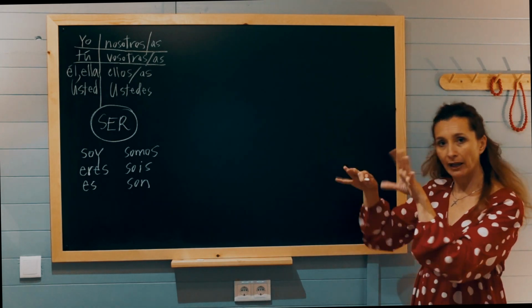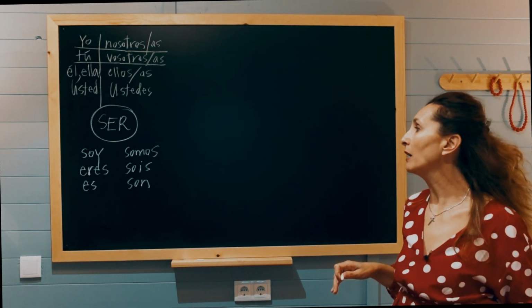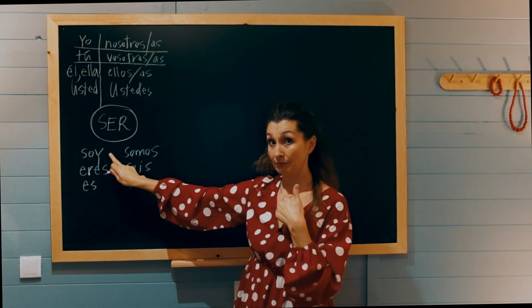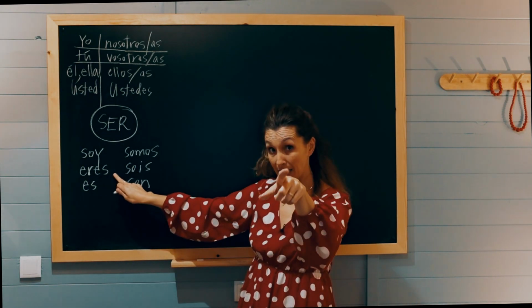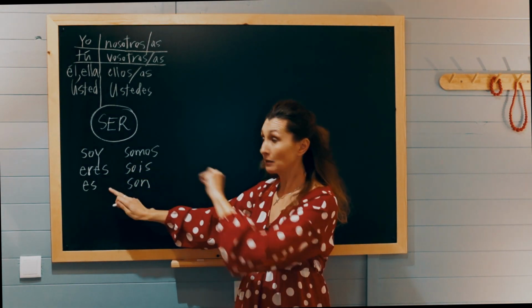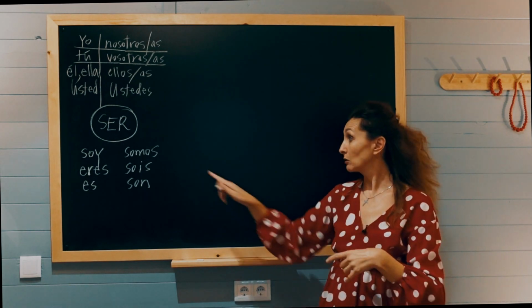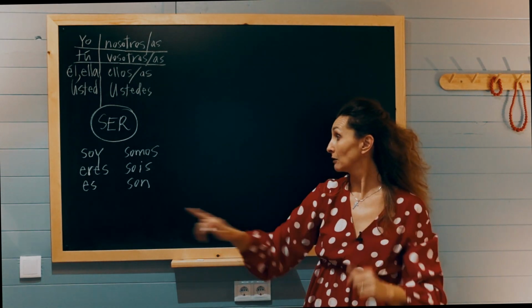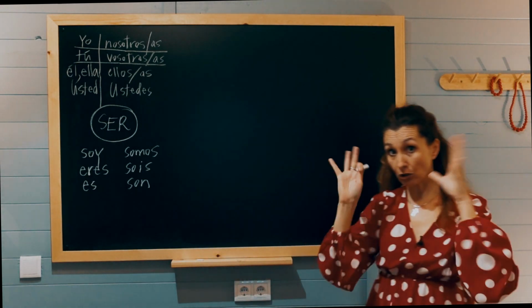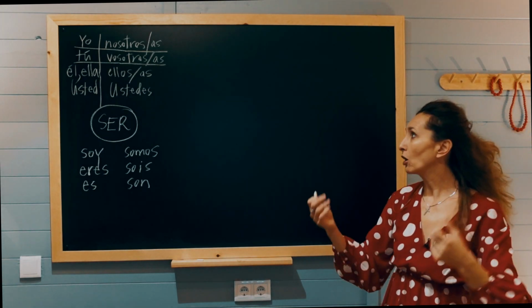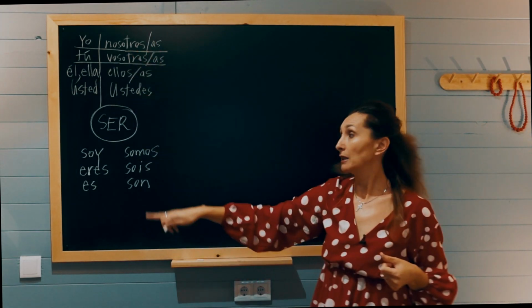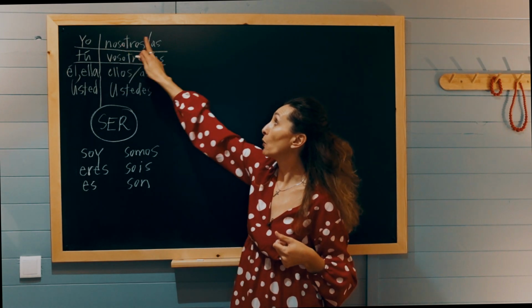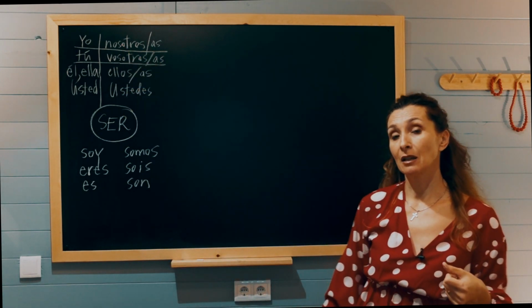Okay, I didn't do the lines, but it's the grid. So soy, eres, es, somos, sois, son. Okay, visually, mentally, you need to know that these 6 correspond with these 6.